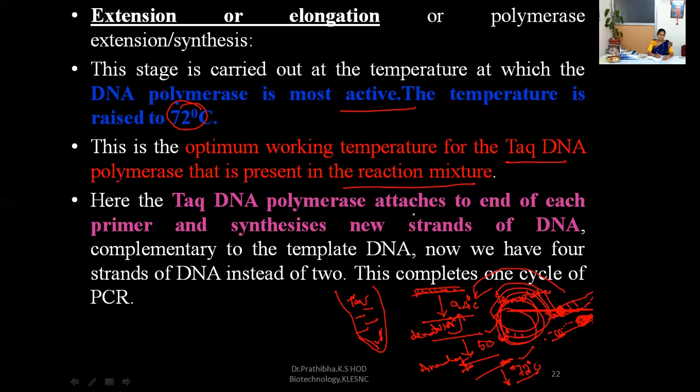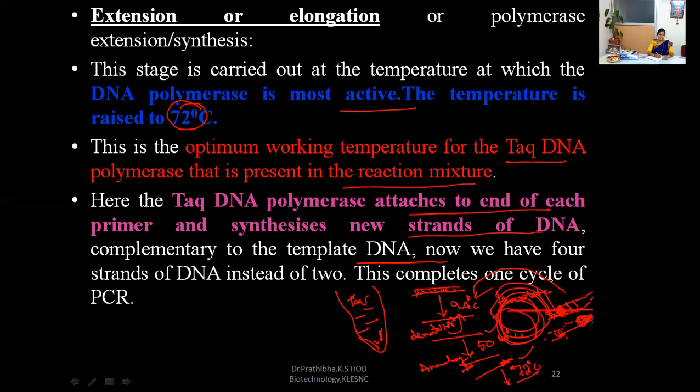Here, Taq DNA polymerase attaches to the end of each primer and synthesizes new strands of DNA, right, which are complementary to the template DNA. Now we have 4 strands of DNA instead of 2. From 2 we got 4 strands: 1, 2, 3, and then 4. The newly synthesized ones are 2.